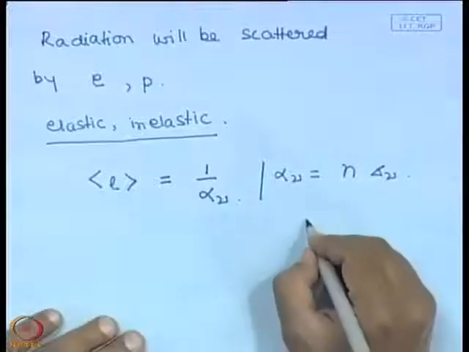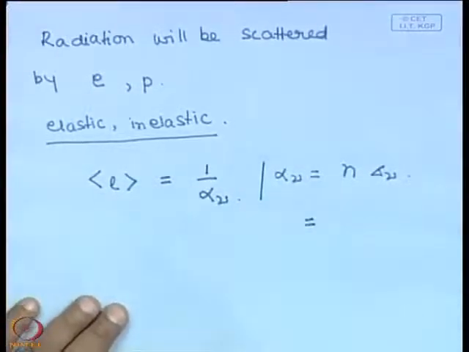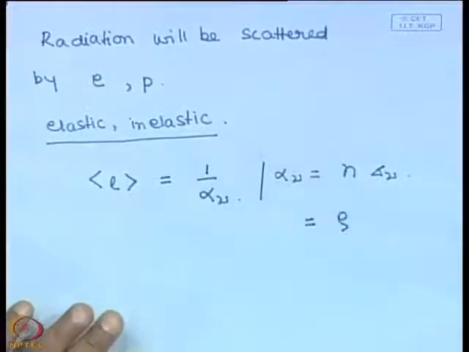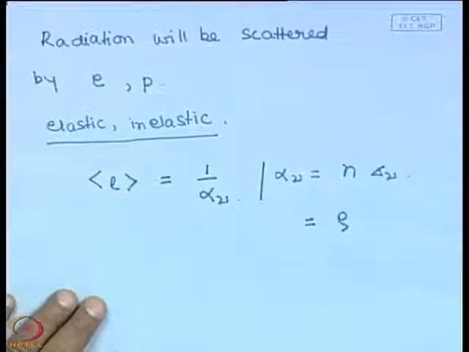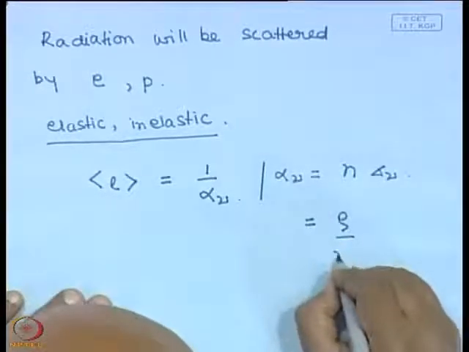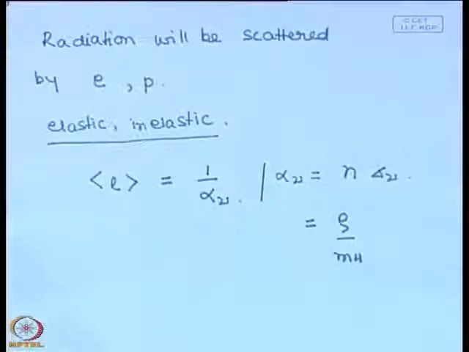So, the absorption coefficient inside the sun we can estimate to be the density inside the sun, which we have already estimated, divided by the mass of the hydrogen atom. This will give us the electron density. We are assuming that the electrons will primarily scatter the radiation through Thomson scattering.